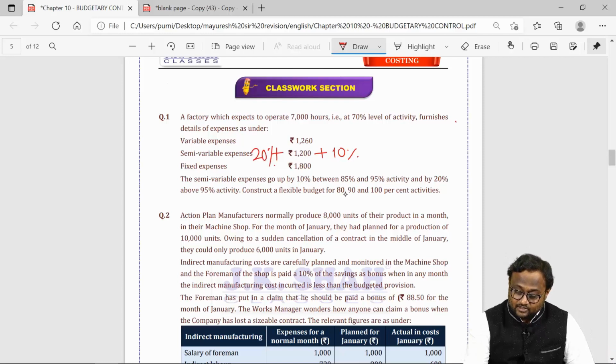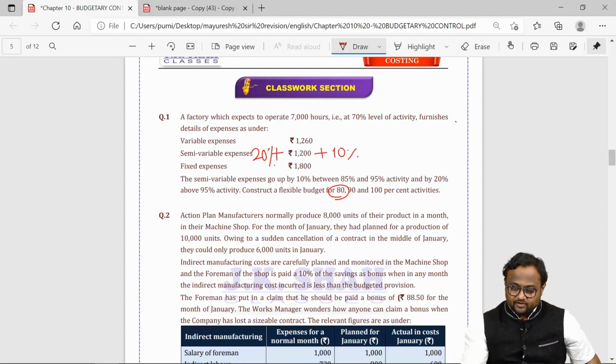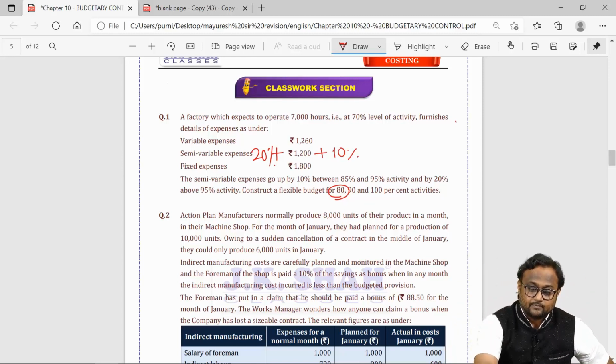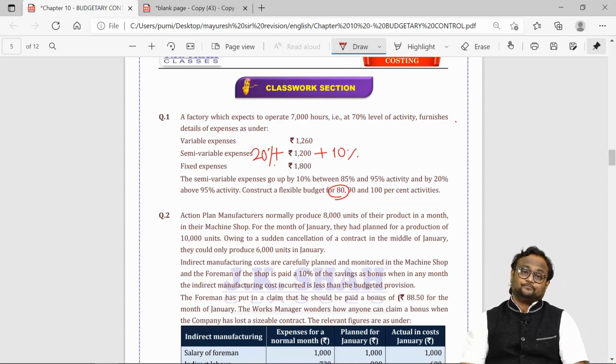That means if I talk about 8,000 hours, which is 80% of the capacity utilization, it's going to be intact at 1,200. 9,000 hours, 90%, which lies between 85 and 95, I will be taking 1,200 plus 10%, 1,320.